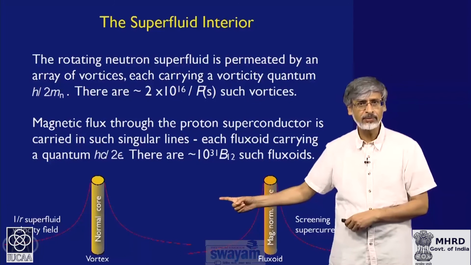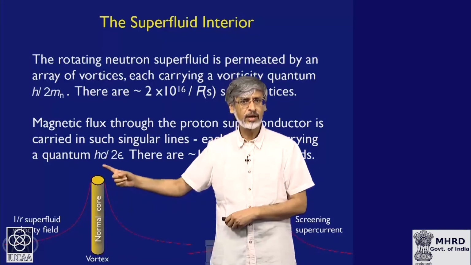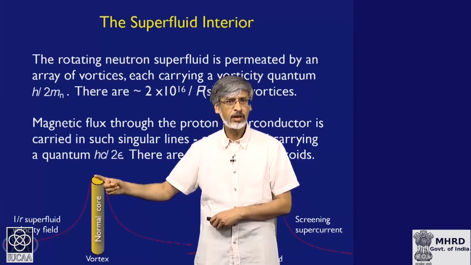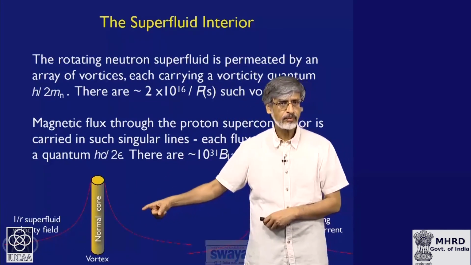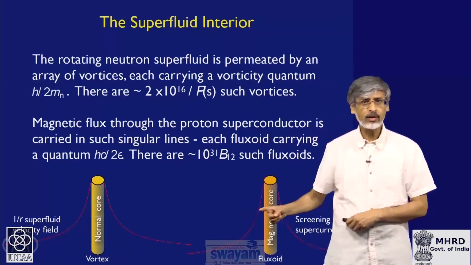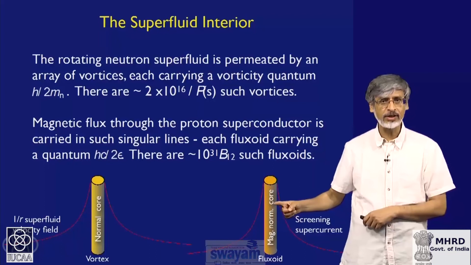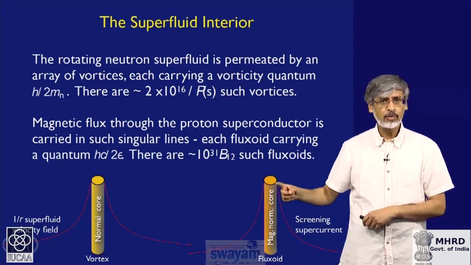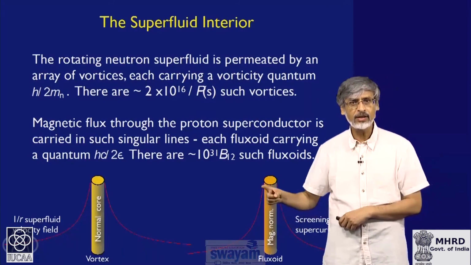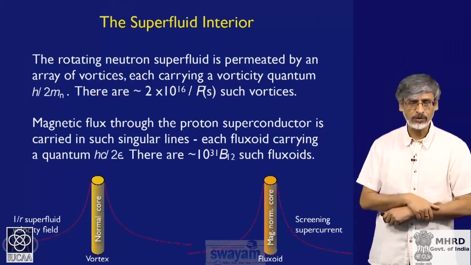So, you now have a region which is permeated by vortices in the neutron component, which have a normal core and a 1 over r superfluid velocity field around the normal core, and you also have fluxoids in the proton fluid which is coexisting in the same region, where you have a normal core which carries the magnetic field with a screening supercurrent which flows around the fluxoid.